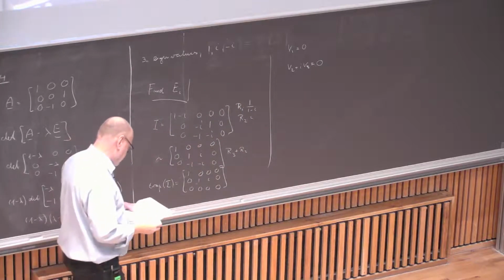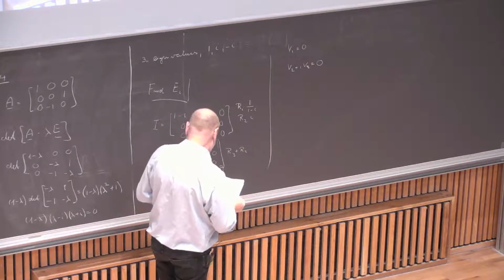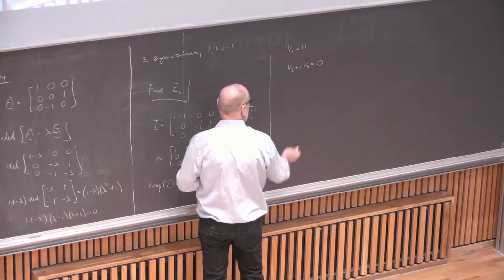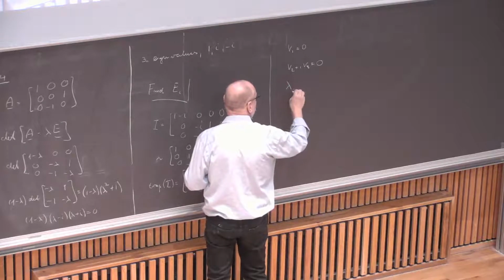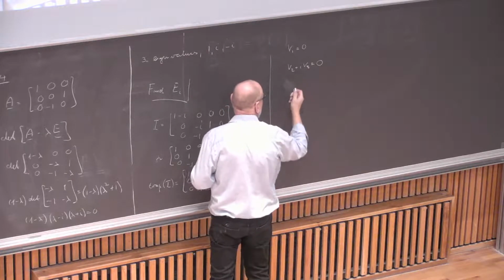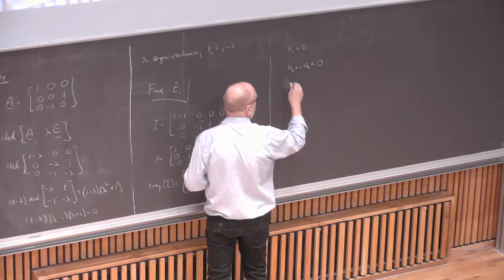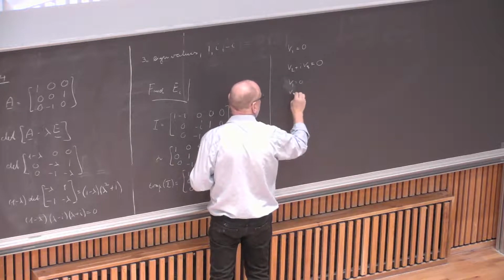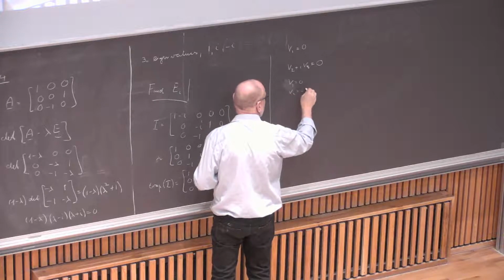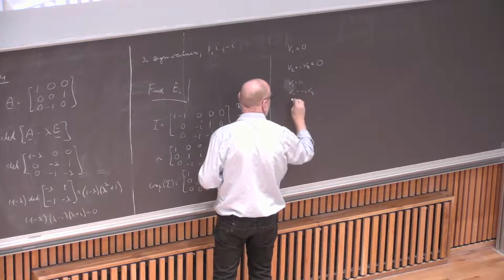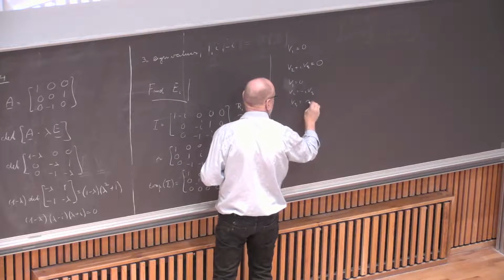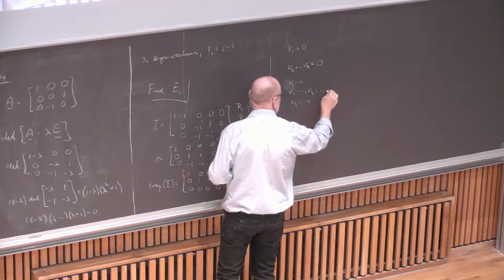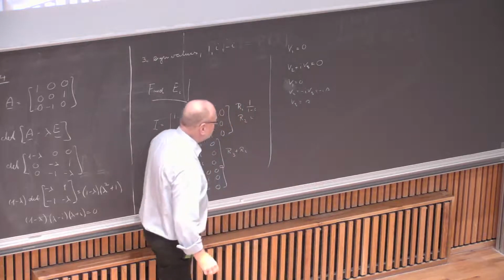I choose V3, and then I get that V1 is 0, V2 is minus i times the same free parameter, V3.